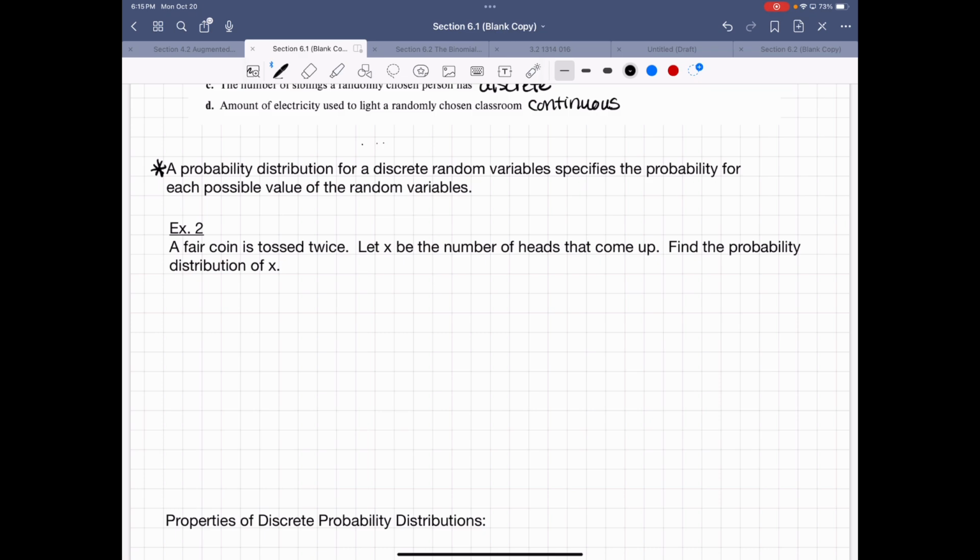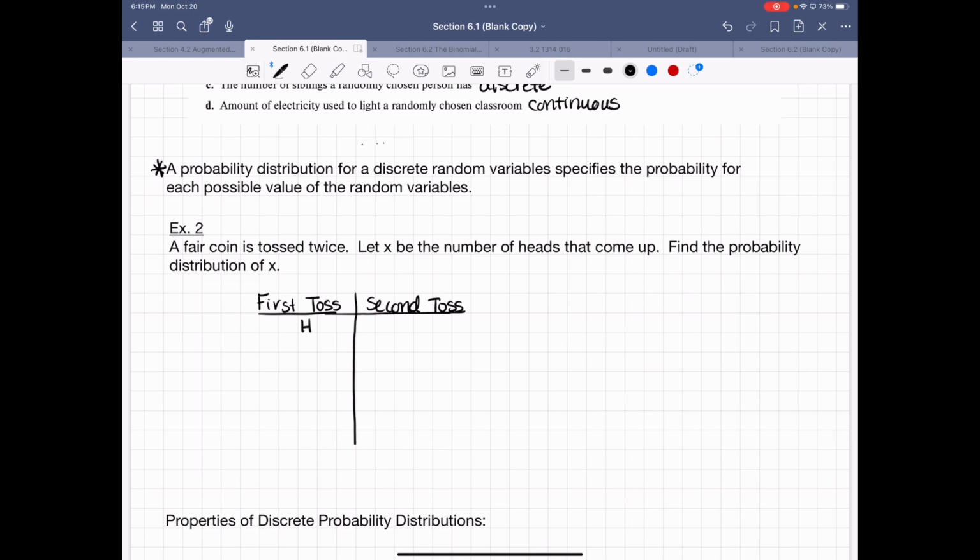Okay. So, the first thing we're going to do is we're going to make a table, okay? So, we've got first toss, and we've got second toss. And we're going to list all the possibilities that we could get. So, we could toss the first time and get a head, right?